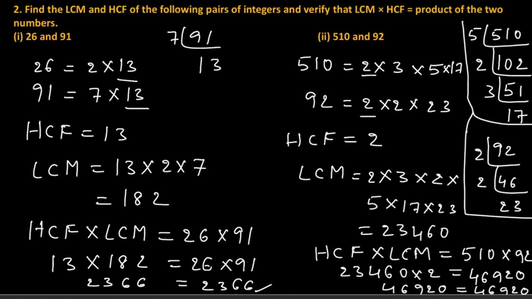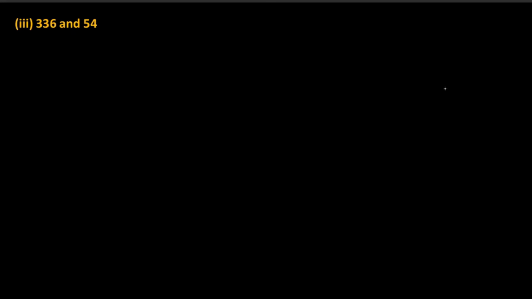What is the next question? Our next question is 336 and 54. What are the factors for 336? Check with the prime factorization method. You are seeing directly 1 1 2, right? Actually start with the 2 table, but directly you can see all of these numbers can go in the 3 table.